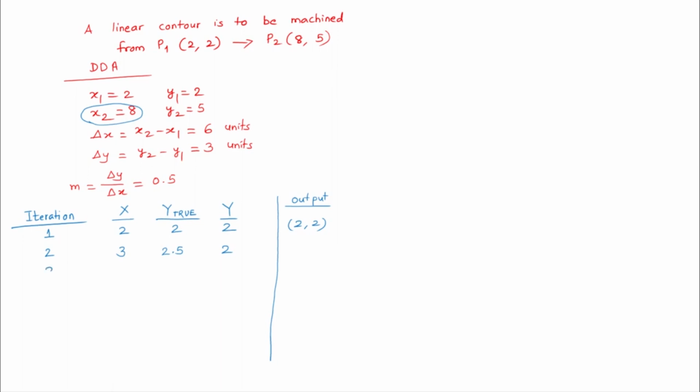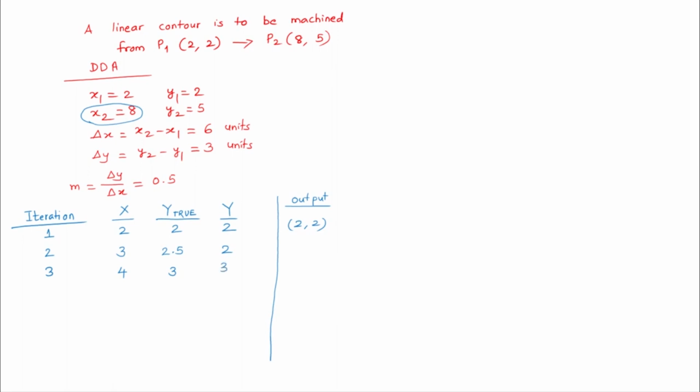The iteration number 3 will start. X will enhance to X plus 1, 4. Y true would be Y true plus M, that is 3, and Y would be the integer value of Y true, that is 3.